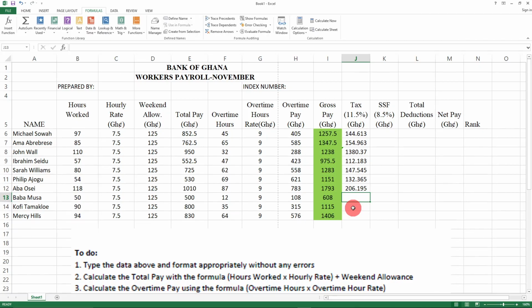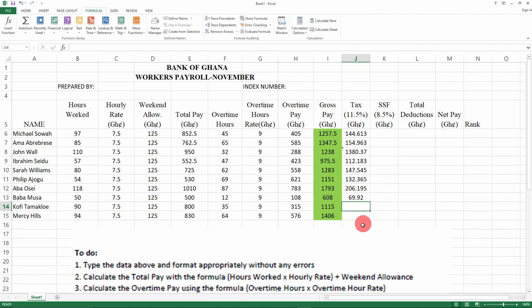Let's find out for Baba. Baba's gross pay is 608. So I13 times 11.5 divided by 100.